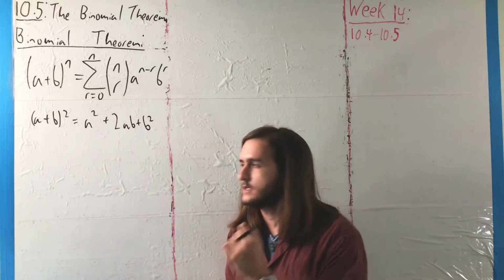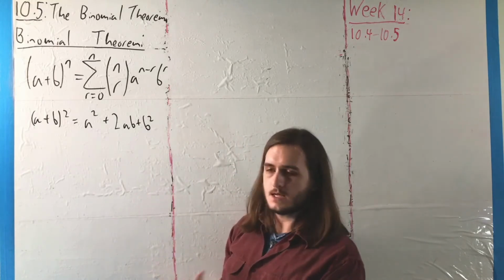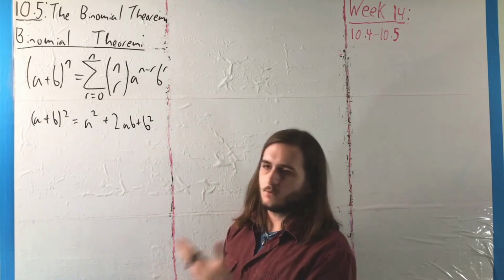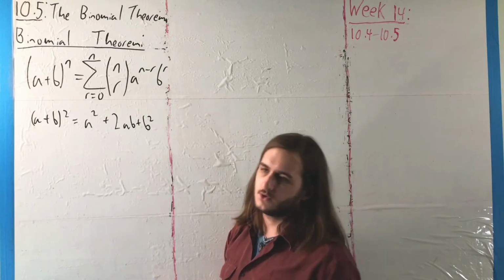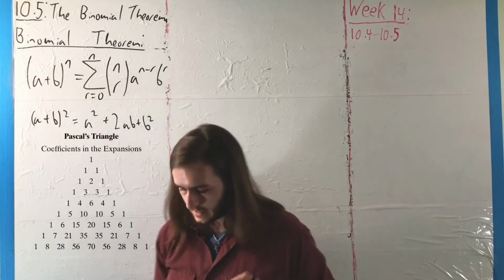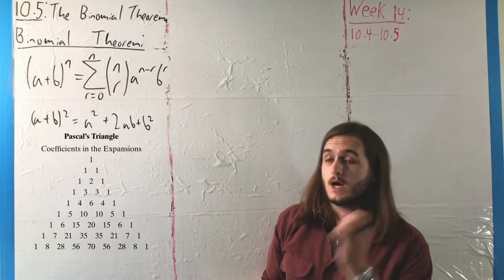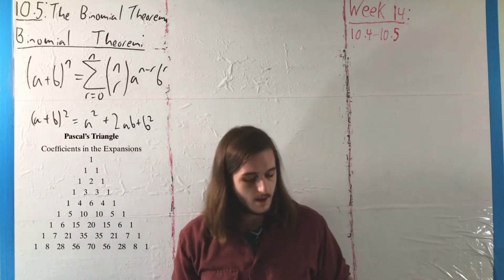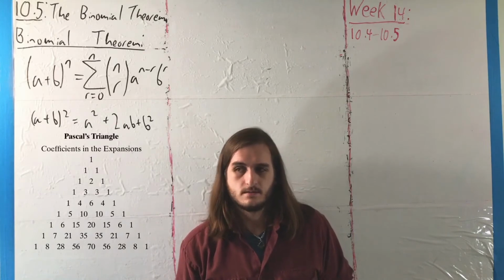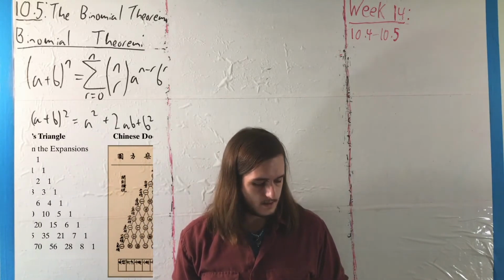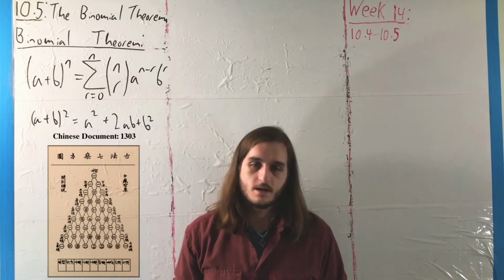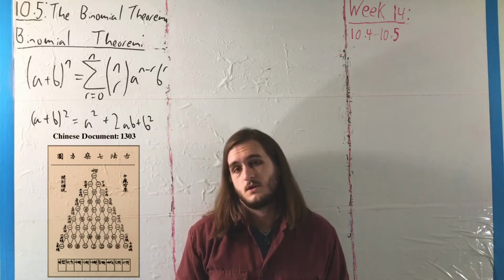And what we can do here is take this kind of pattern and expand it, where work in this field is often attributed to Blaise Pascal from the 17th century in terms of a certain triangle that you may have familiarity with. But interestingly, it actually predates him a fair amount, as there's evidence of similar work being done in China hundreds of years earlier.